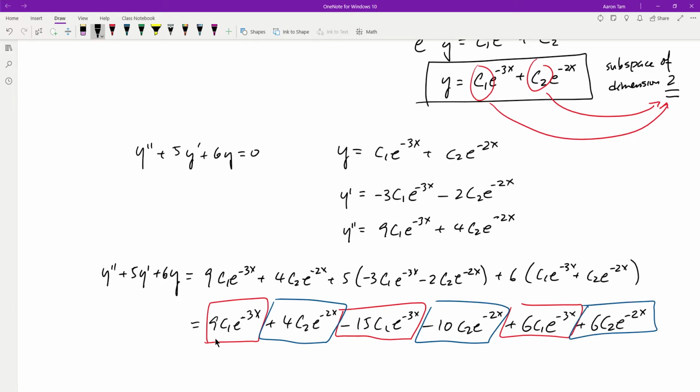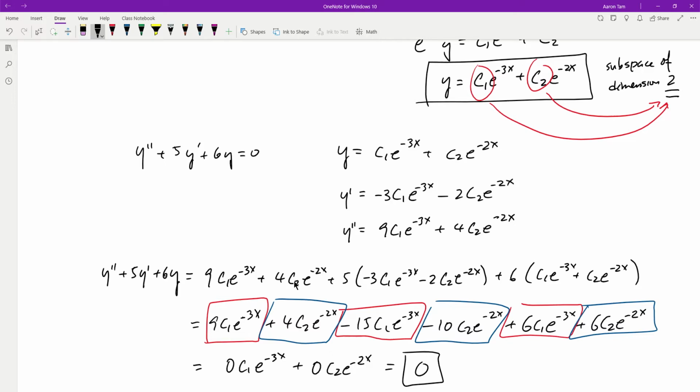Notice that would be 9 minus 15 plus 6. That's 0. And 4 minus 10 plus 6. That's also 0. So this will be 0 c1 e to the negative 3x plus 0 c2 e to the negative 2x, and therefore comes out to be 0.